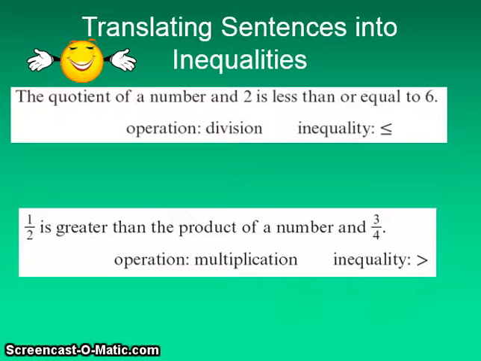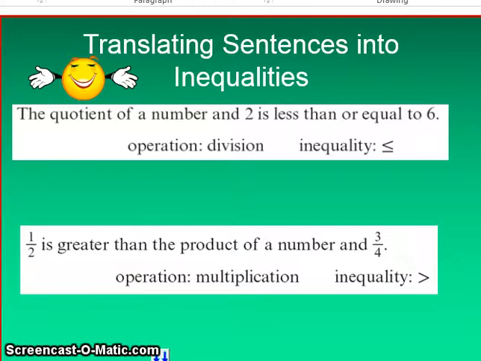So we're going to translate these sentences into inequalities, and these are examples that need to be in your notebook. The quotient of a number and 2 is less than or equal to 6. So we still know that we have an operation. In this case, the word quotient tells us that our operation is going to be division. So we have the quotient of a number, and we know that a number means some variable, we'll call it x, and 2. And then we have is less than or equal to.